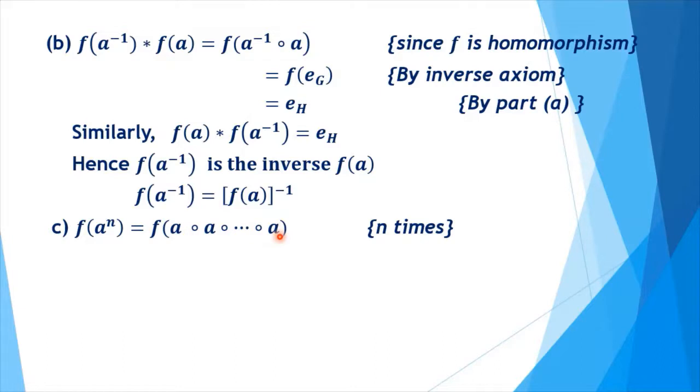You multiply A n times and apply f. But actually, when you are operating an element n times, we can't directly operate it to get another element. First, we will do the operation with two elements and then the next element and then the next element. Likewise, it goes like that.